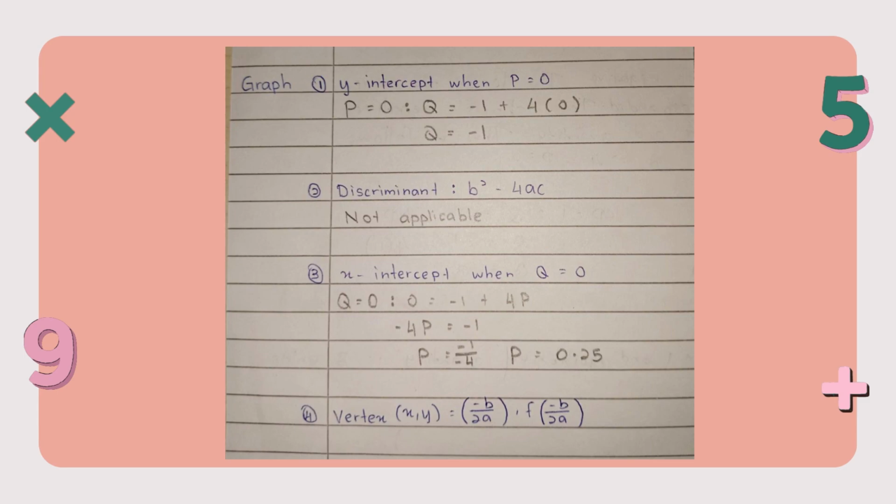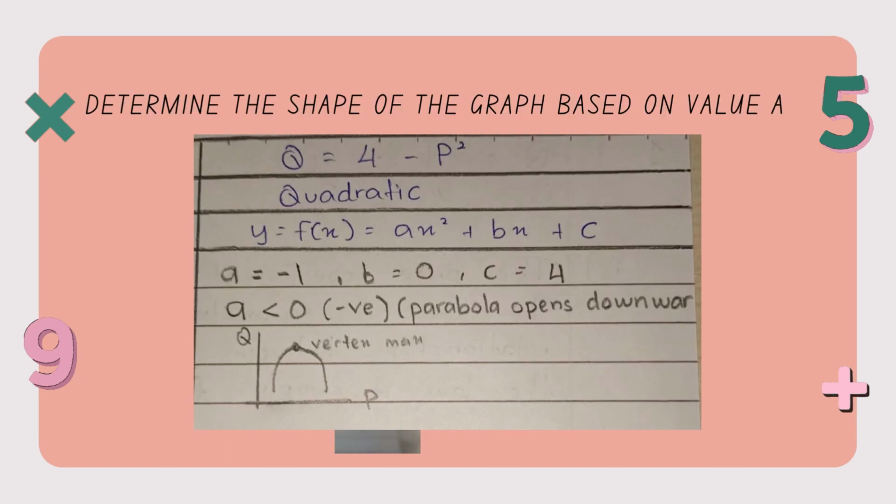Next, we should find the x-intercept using Q equals 0, where we will get the answer p equals 1/4, and p equals 0.25. These two points, which are Q equals -1 and p equals 0.25, we will plot on the graph later. Q equals 4 minus p to the power of 2 is a quadratic equation.